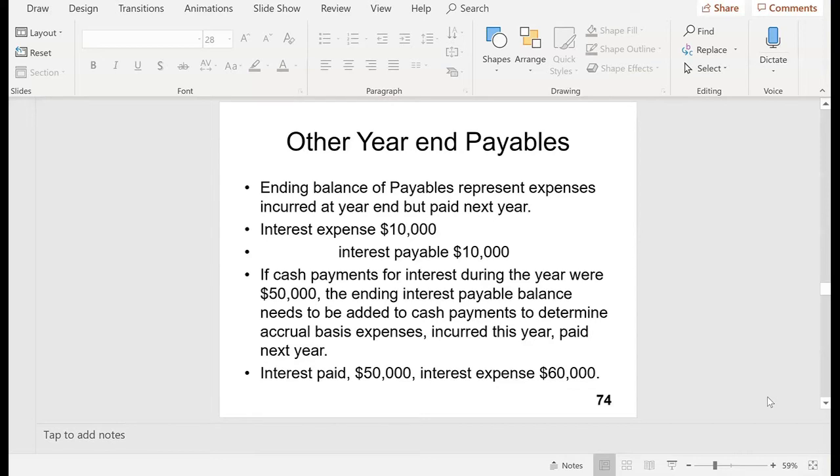Maybe the bonds were issued at a certain date, and although the interest isn't being paid as of the end of the year, this entry is at year end. It's going to increase your interest expense, and you're going to wind up with accrual basis interest expense of $60,000. So assuming this is the first year and you had no beginning balance of interest payable, then you're going to have cash basis interest of $50,000, accrual basis interest of $60,000.